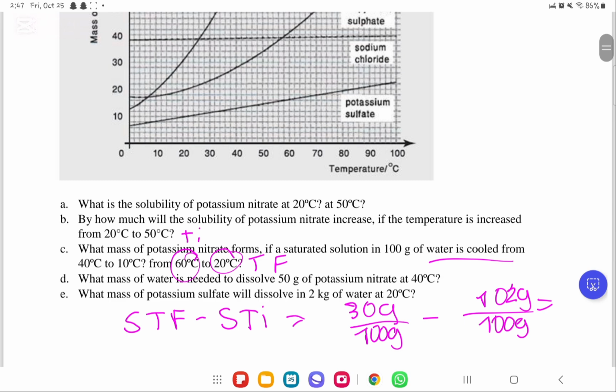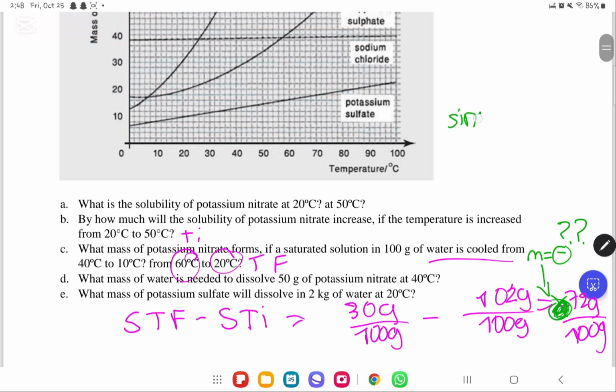So if you do on your calculator 30 over 100 minus 102 over 100, you are going to get minus 72 grams over 100 grams. And then we go back to the same issue as the first time. We have minus, but can mass ever be negative? That's not a thing, so we're going to cancel the minus, forget about it, and state our reason.